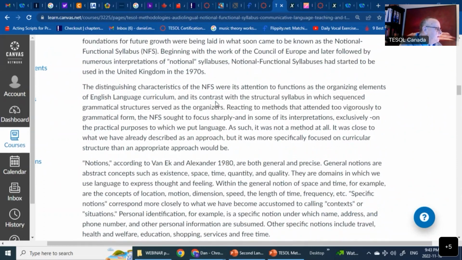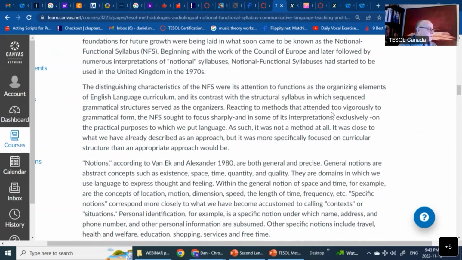The distinguishing characteristics of the NFS were its attention to functions as the organizing elements of English language curriculum, and its contrast with the structural syllabus in which sequenced grammatical structures served as the organizers.